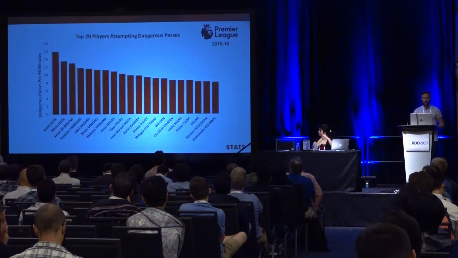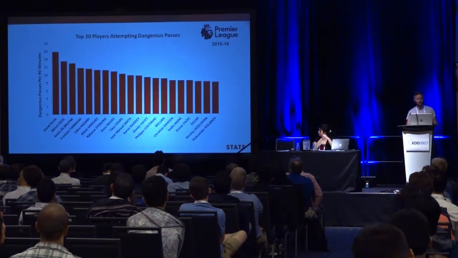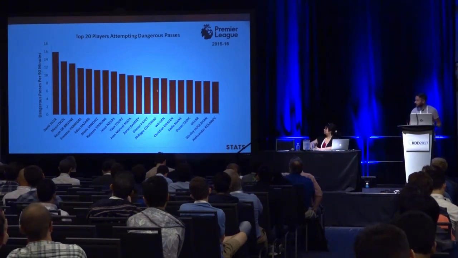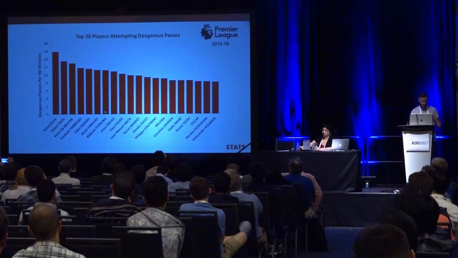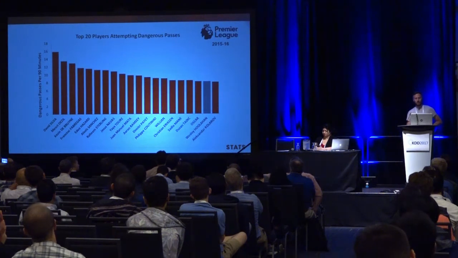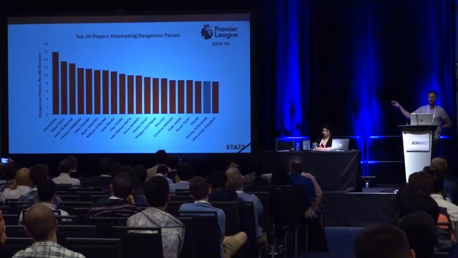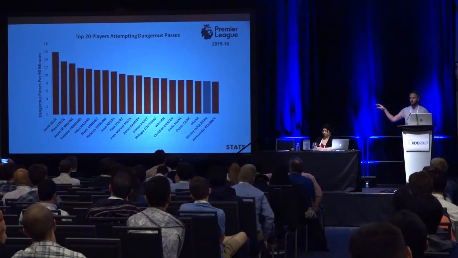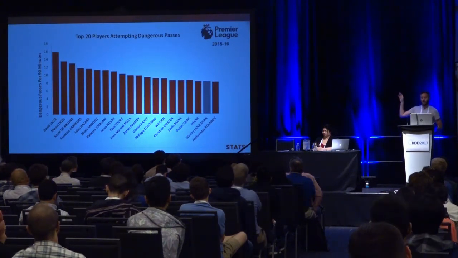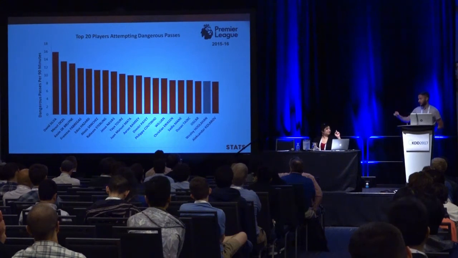The other thing we can start to do is say, okay, these are the best passers, but who's actually making the really dangerous ones? Unsurprisingly, we have our elite players like David Silva, Mesut Ozil, Kevin De Bruyne, but we have this standout player called Wesley Hoolahan. Why this guy is interesting is because he played for Norwich City, and in this season, Norwich City got relegated. Yet we've got an elite attacking midfielder.